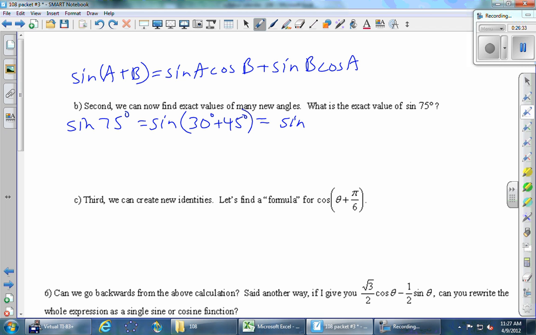Sine of. Everybody okay plugging into the formula? Okay, and then if that unit circle is still handy, then these should all be easy to pick off of the circle.